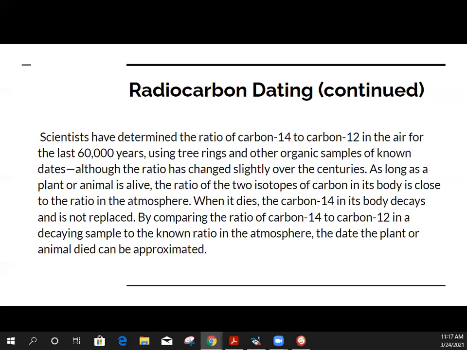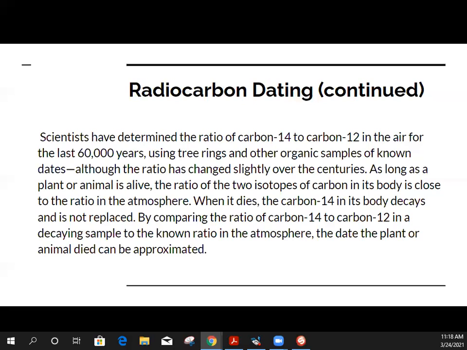And scientists can look at tree rings because tree rings are a very straightforward way of calculating time, because every year the tree grows more bark and it creates rings when you cut it. So they can cut an old tree and find the carbon inside a tree ring and count the rings and see what the carbon was like in the air during specific time periods, because it does change over time.